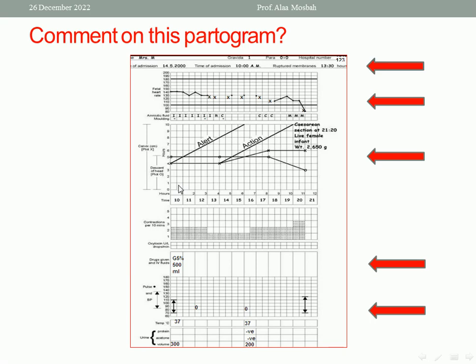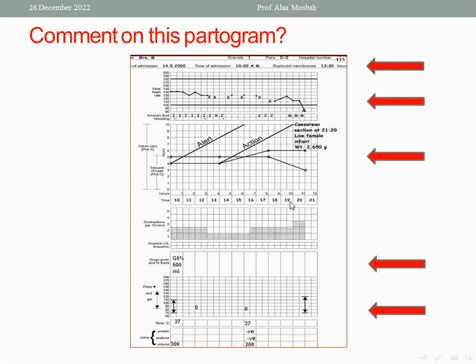So half a square, or small square, is half an hour, and a big square is 1 hour. So this is for hours: 1, 2, 3, 4, 5, 6, 7, 8, 9, 10, from the active stage. And this is for the time: 10, 11, 12, and so on.